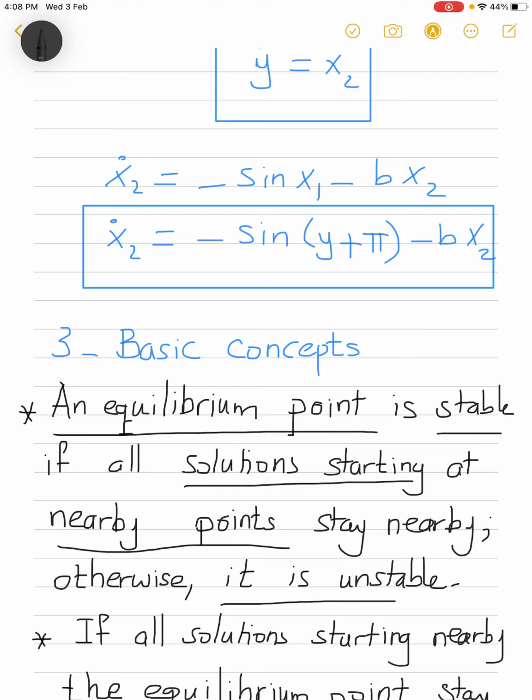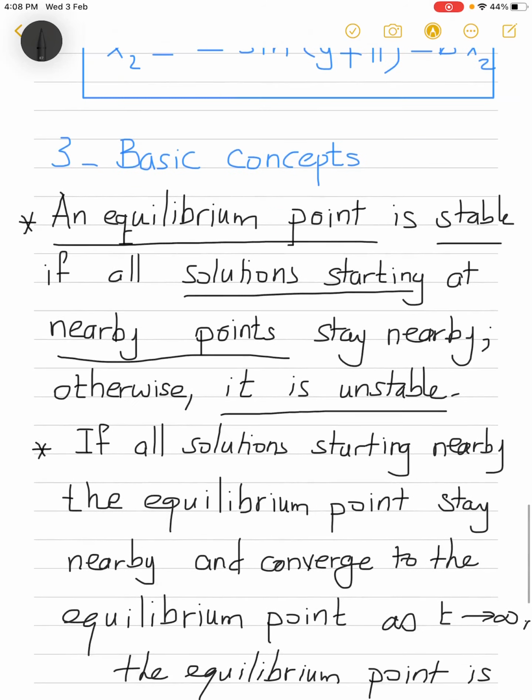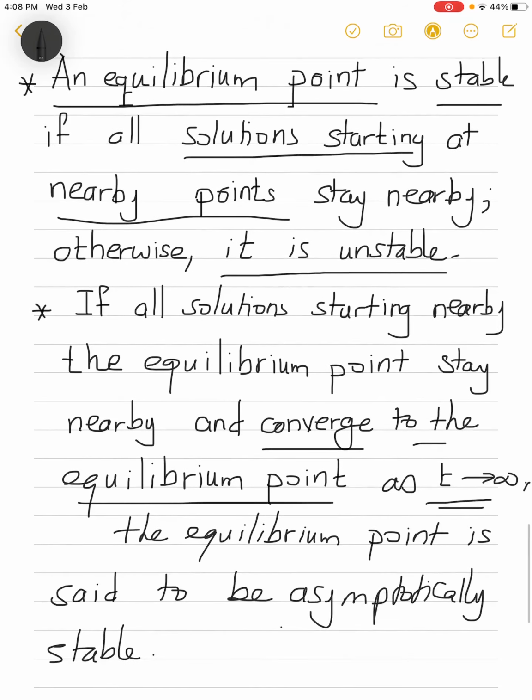Otherwise, the equilibrium point is labeled as unstable. Further, if the equilibrium point is stable and the solutions converge to the equilibrium point as t tends to infinity, we say that this equilibrium point is asymptotically stable.